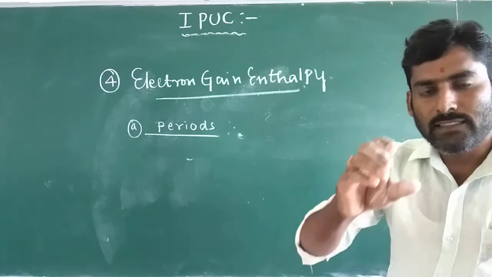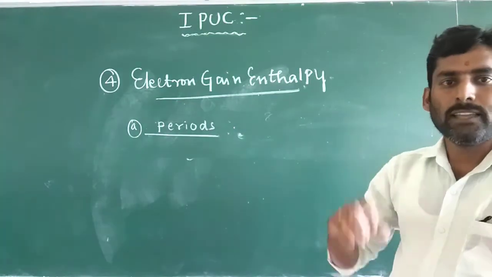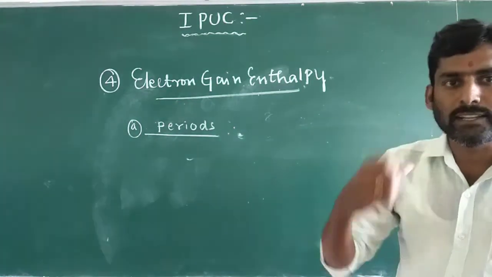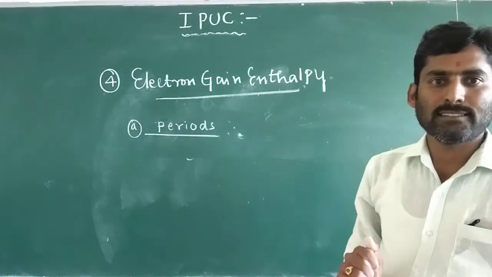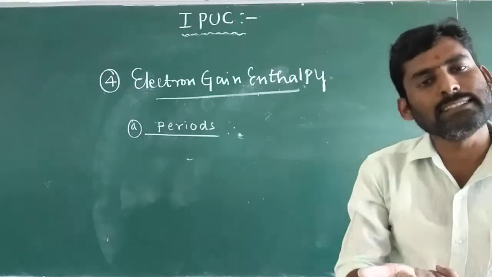So the elements in periods have an ability to gain electrons and become negative ions, so the energy released is more.